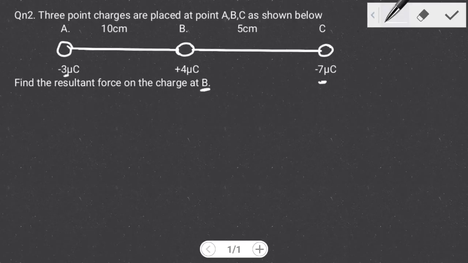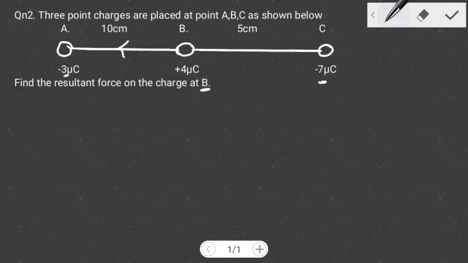If you look here, the negative 3 nC charge and positive 4 nC charge will be attracting each other. Because we consider the charge which the other charges are acting upon to be stationary, like a reference point, the attraction in this case would be towards the left, and therefore we put the sign towards the left.